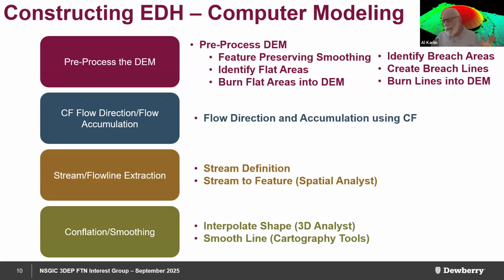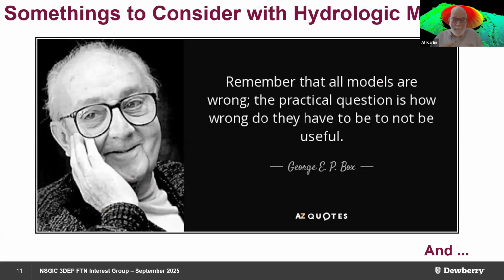So when you think about the challenges for constructing 3D HP, here was one of the big challenges: designing a suite of tools in a GIS environment that work. Now, for those of you who have heard me talk before, you know that this is one of my absolute all-time favorite quotes, by a British statistician, George Box.